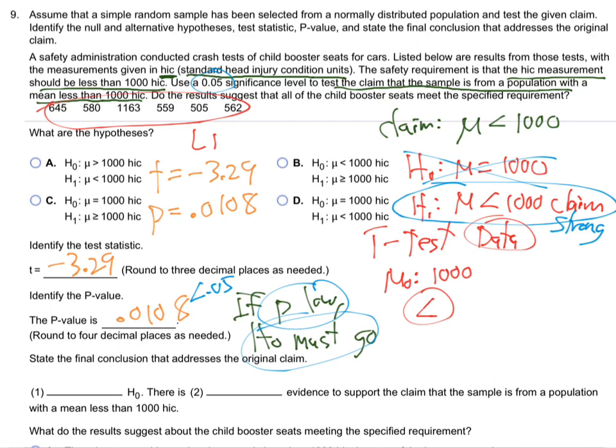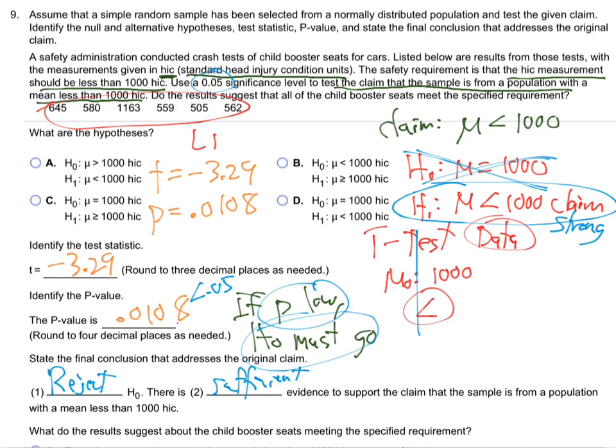All right, final conclusion. What do we do with the null? We reject it, right? We said bye-bye to the null. Right there, I rejected it. There's sufficient, there's strong evidence on this one to conclude whatever that says down there, which I can't see. What do the results suggest about the child booster seats? What did we conclude? That it's less than 1,000. So that's good.